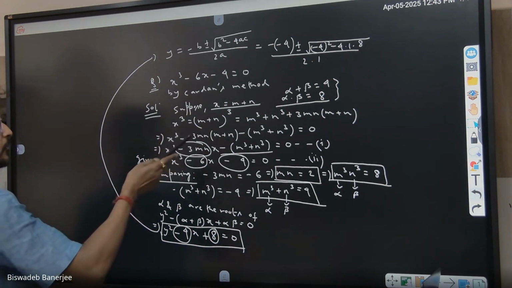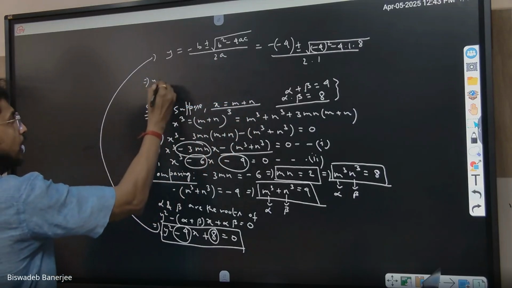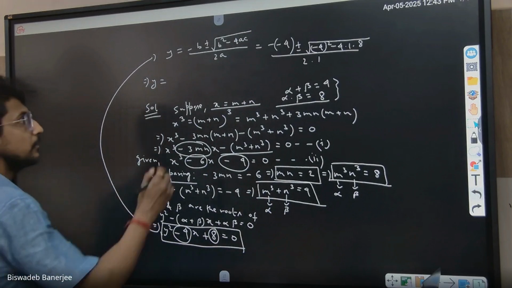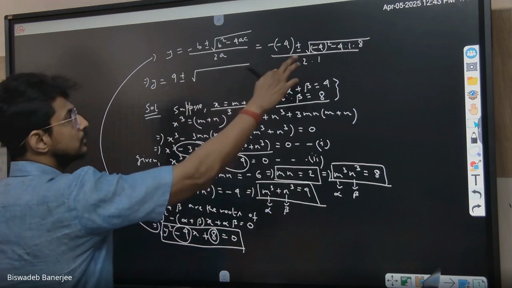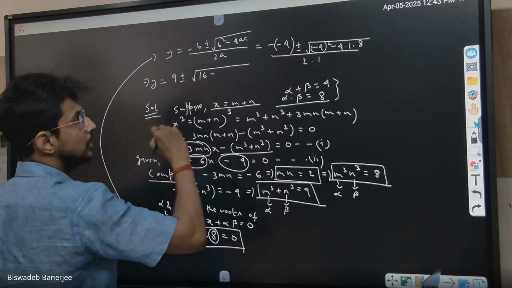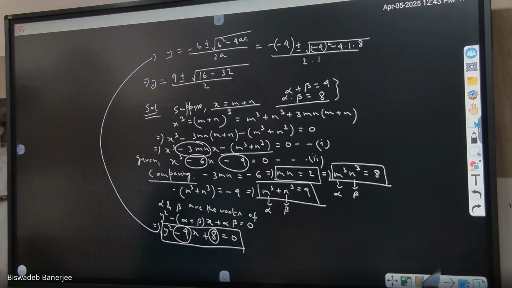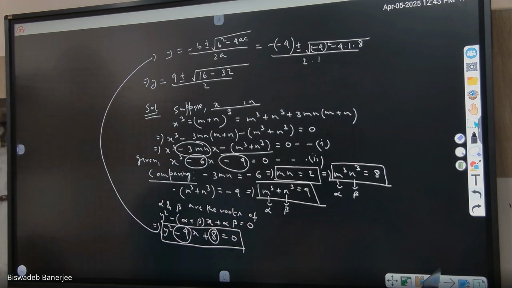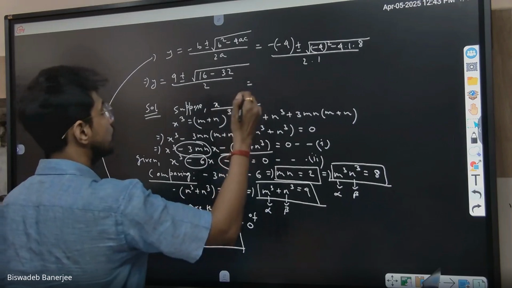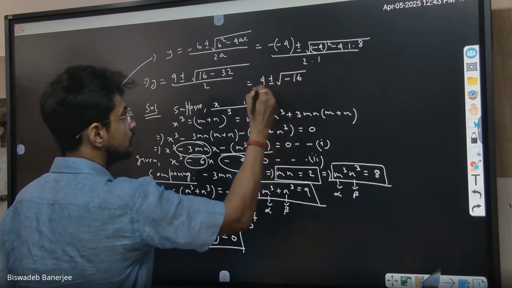If we solve this, the value of y becomes 4 plus minus root over 16 minus 32 by 2. So y equals 4 plus minus root over minus 16 by 2.